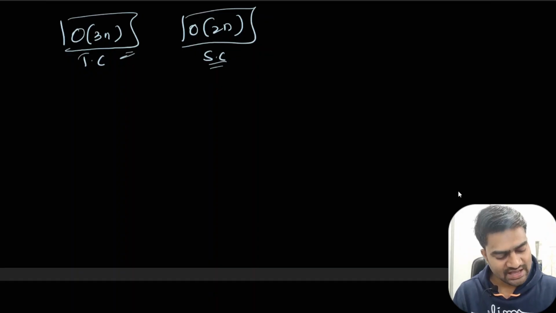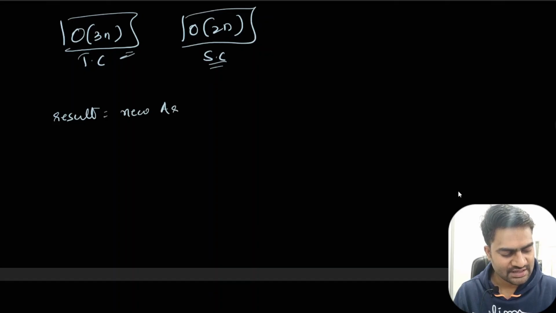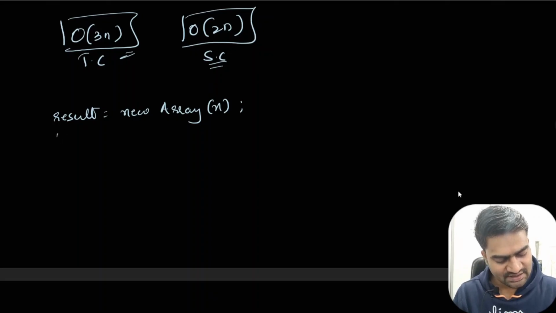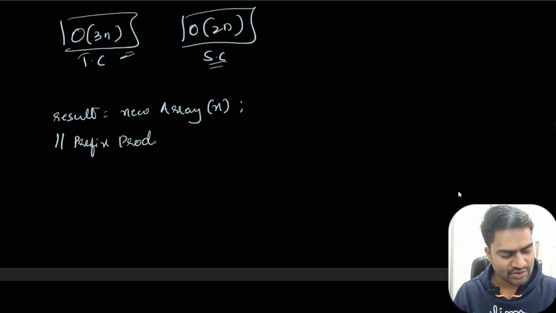What I will do, I will take directly our result array. So it will be a new array of length n. Then first I will find our prefix product.